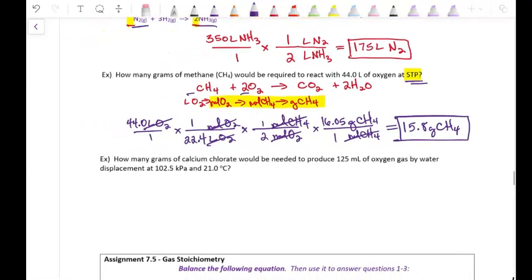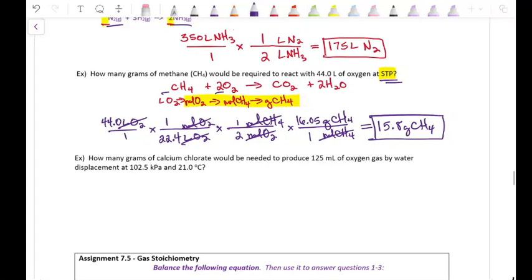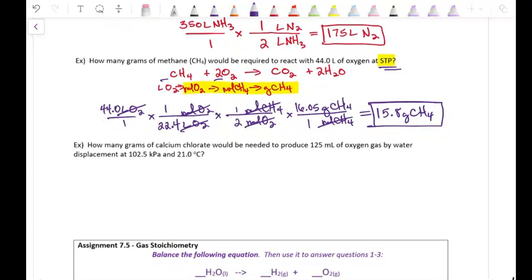Okay, let's take a look at the last problem. How many grams of calcium chlorate would be needed to produce 125 milliliters of oxygen gas by water displacement at 102.5 kPa and 21 degrees Celsius? So we start with our balanced equation. I'll help you with this one.